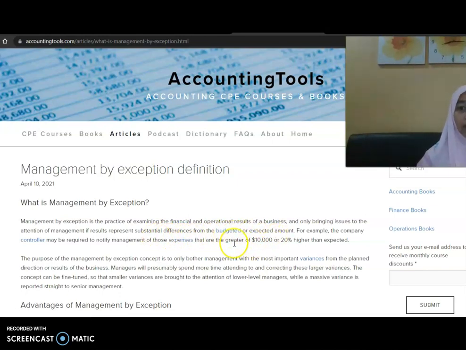You have the budgeted figure and the actual results, and you compare them. Of course there will be variances, you won't get exactly what you budgeted, but you highlight only the exceptions.